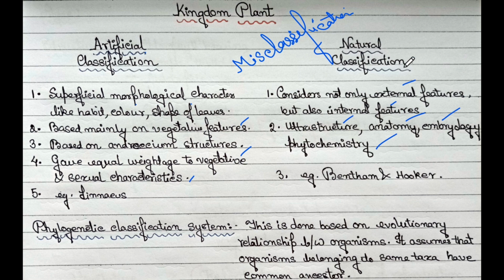One example of natural classification is Bentham and Hooker's classification. So Bentham and Hooker's classification of plants is what we are going to study in this lecture. There are other classification systems, like the phylogenetic classification system.